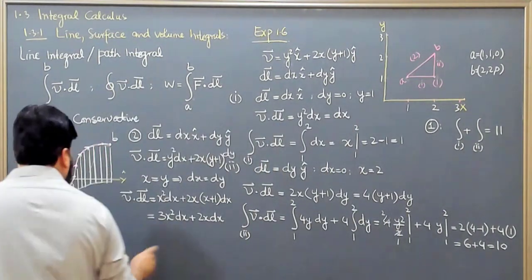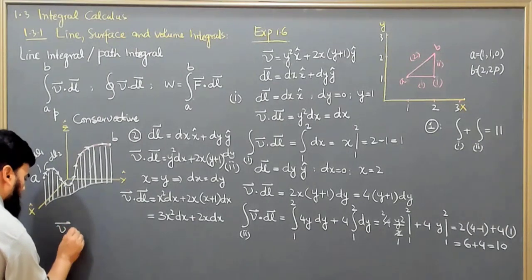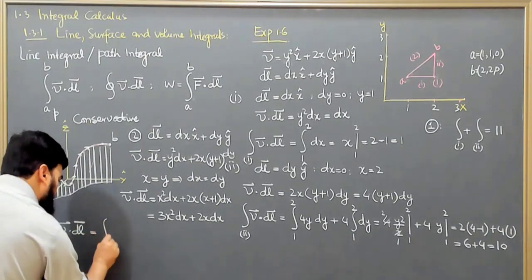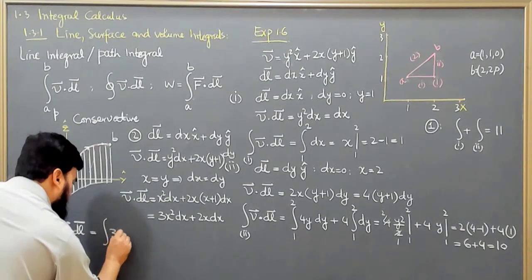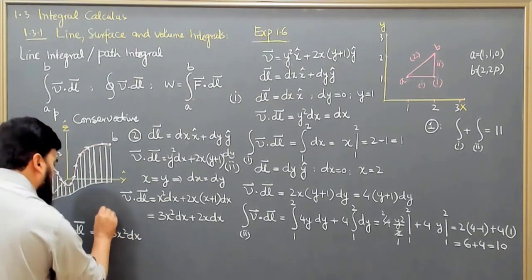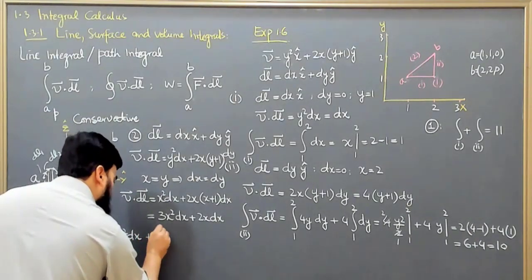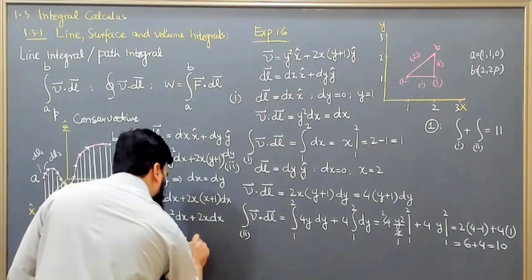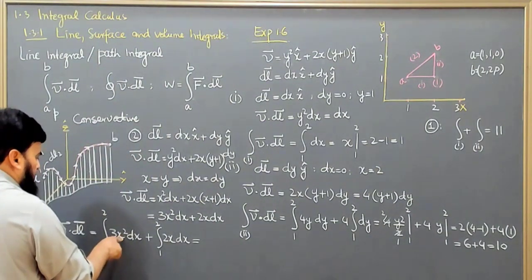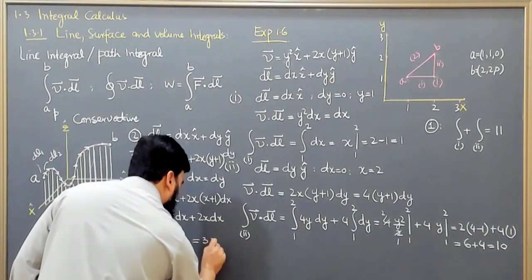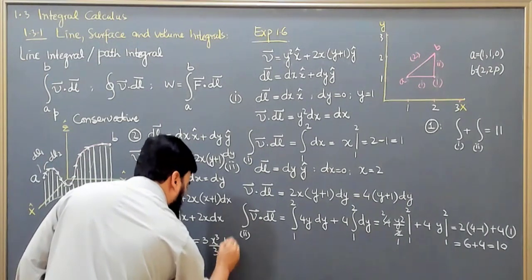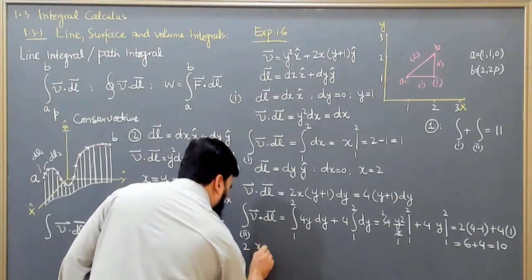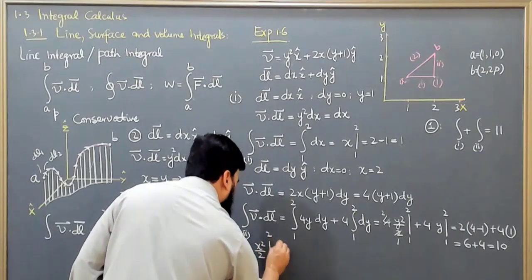So let me calculate the integral of v dot dl: the integral of 3x square dx, with x running from 1 to 2, plus the integral of 2x dx, the same 1 to 2, and this is equal to 3 into x cube over 3, from 1 to 2, plus 2 into x square over 2, from 1 to 2.